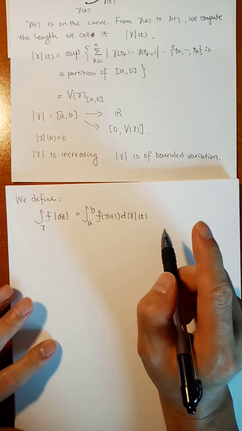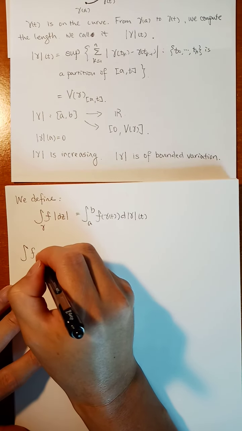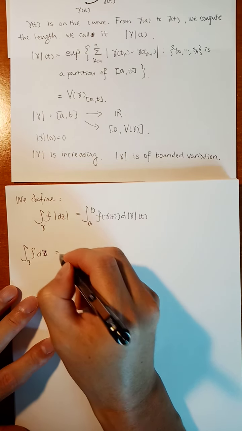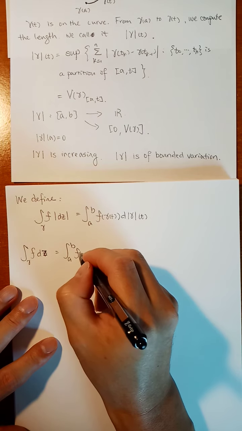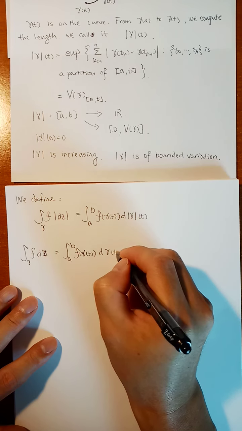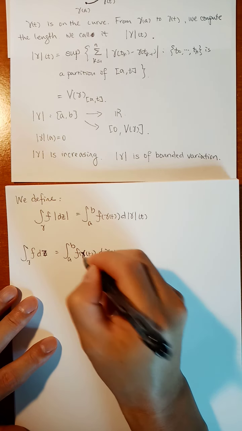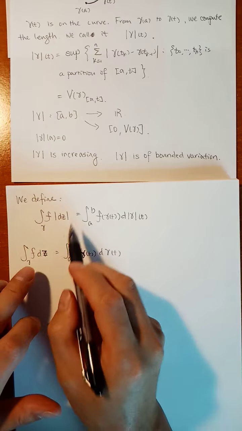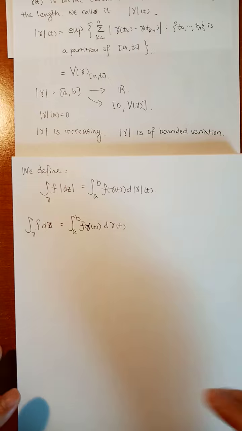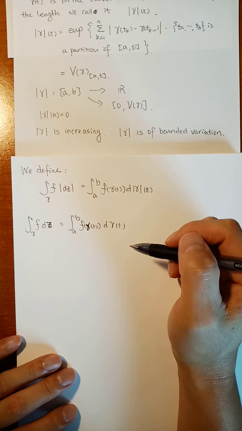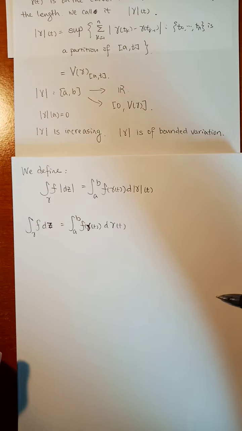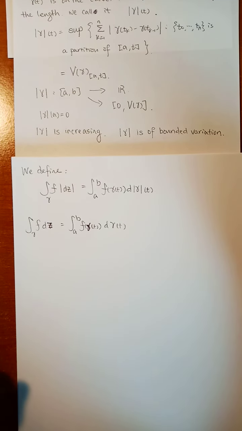Remember, the integral of f dz is the integral from a to b of f of gamma of t d gamma of t. Here there's no absolute value. If you put the absolute value, you're going to use this absolute value of gamma. They are different.